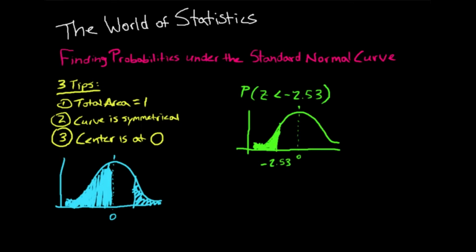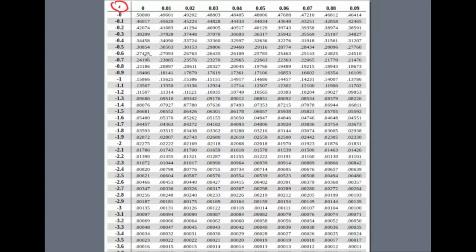So let's go ahead and look at the standard normal table. Here we have the negative side of the standard normal table, and we want to find our value of negative 2.53. So we're going to go down to negative 2.5 and then work our way across to 0.03.